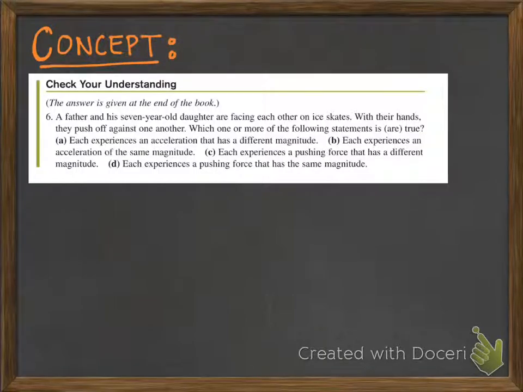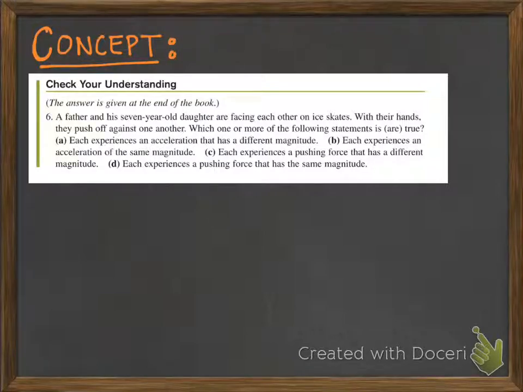Now we have some concept questions. This concept question states, a father and his 7-year-old daughter are facing each other on ice skates. So you can kind of start picturing the picture I drew in the previous slide, where the two forces are acting opposite each other. With their hands, they push off against one another. Which one of the following statements is true? A: each experiences an acceleration that has a different magnitude.